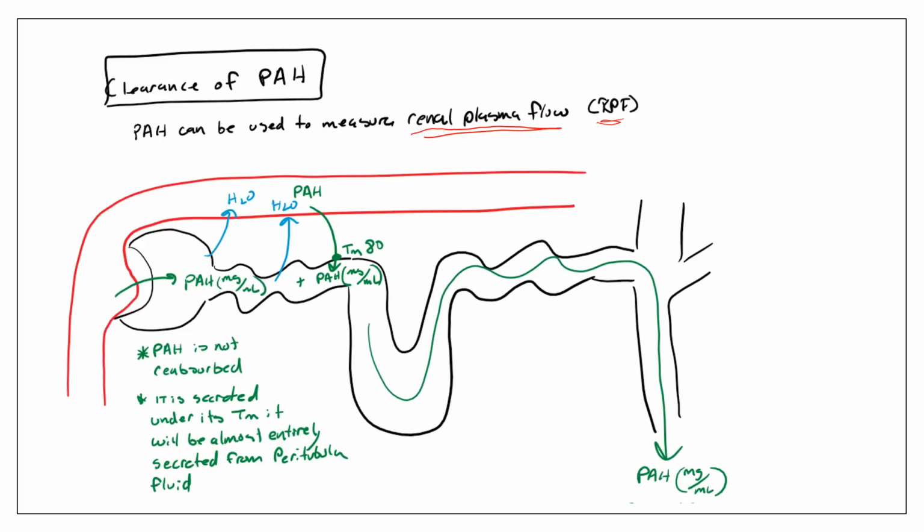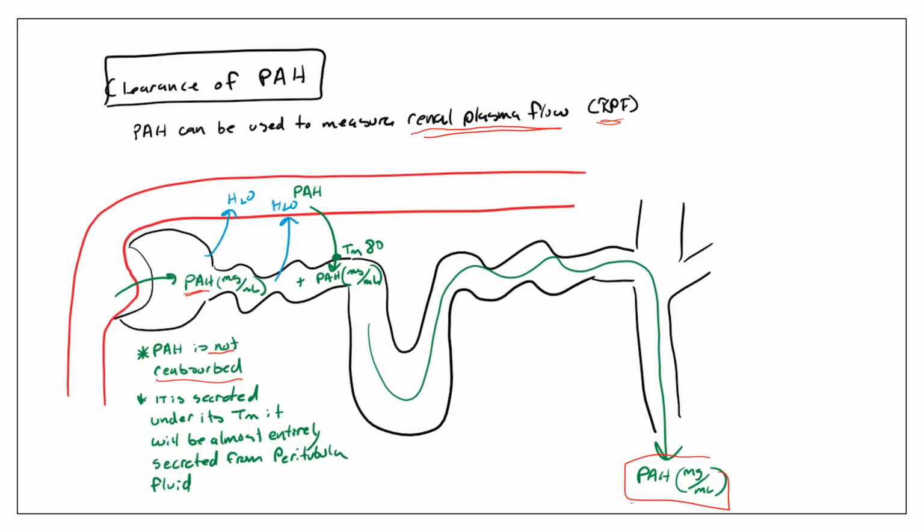And so we can actually use this molecule to help us calculate that volume. So you can see here PAH is filtered in. Now, in terms of its properties, it is not reabsorbed. So whatever gets filtered in is not going to be leaving that nephron. So whatever that particular amount is will end up in the urine and be excreted and be removed from the body.